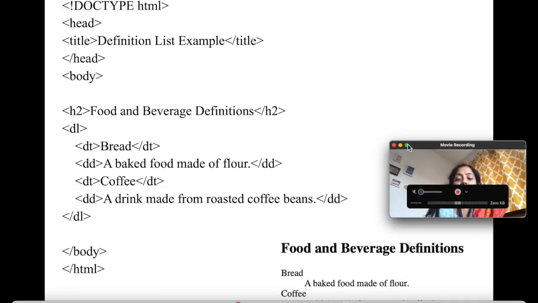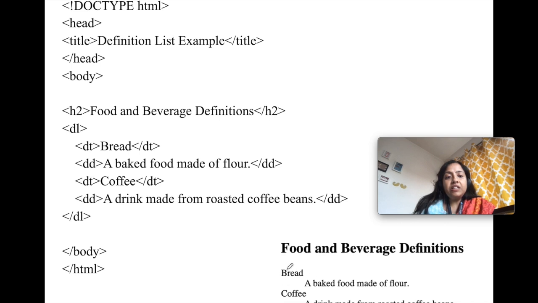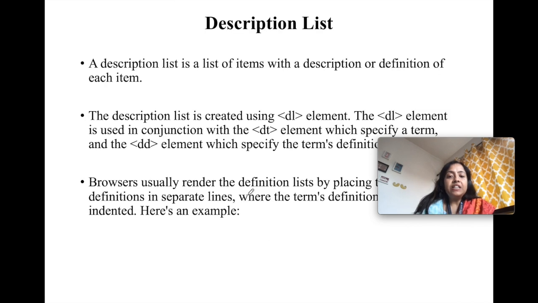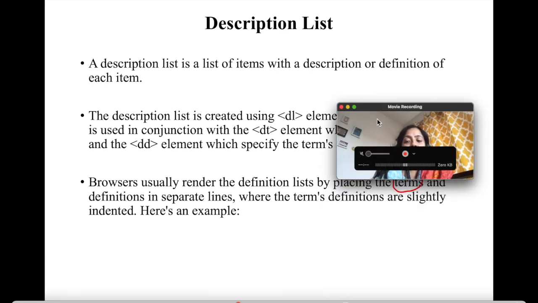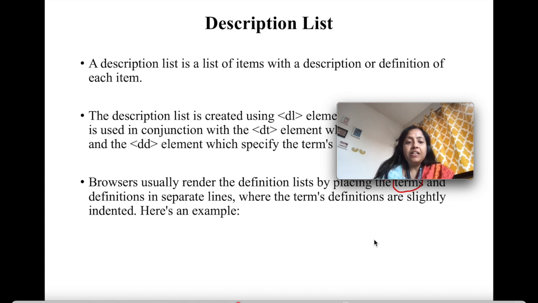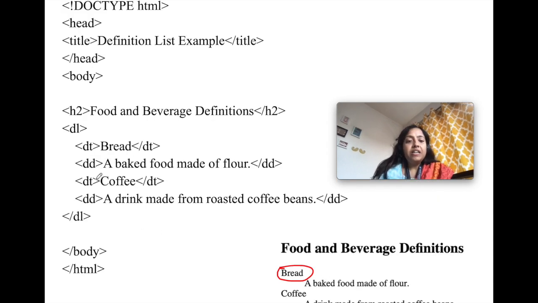you can see the output first here. If you see the output properly, this one is the definition term, that is DT, that is the term. The term's definition, that is DD, has been kept on separate lines, first of all.